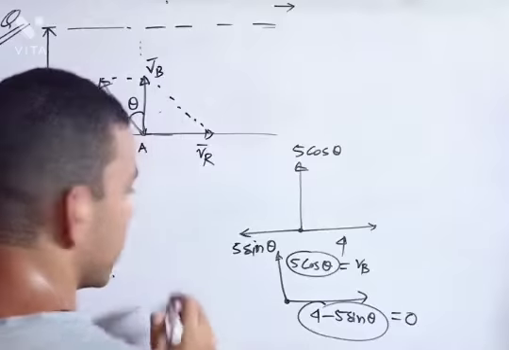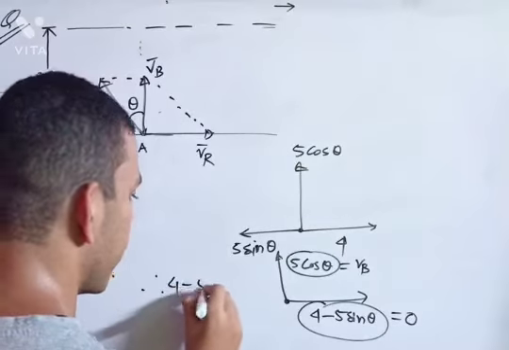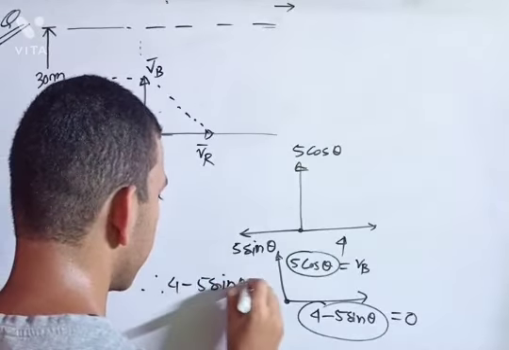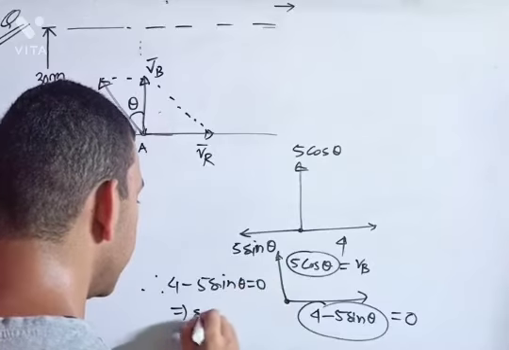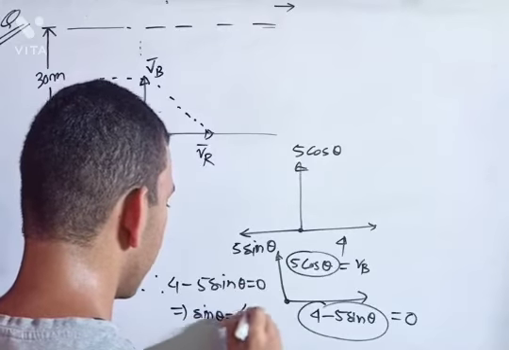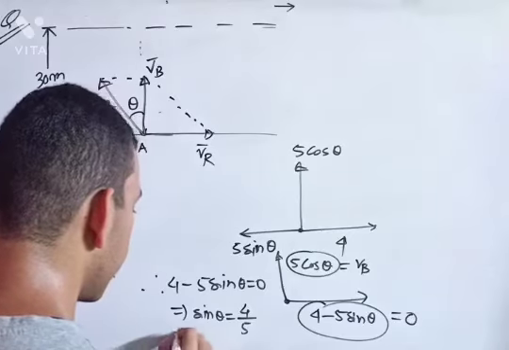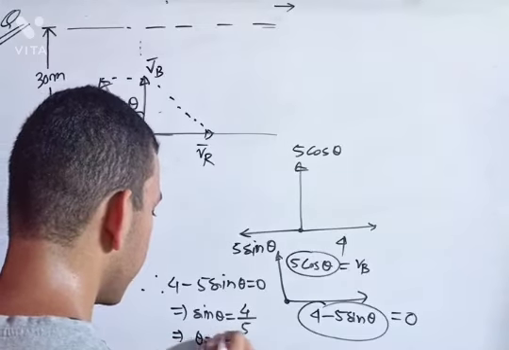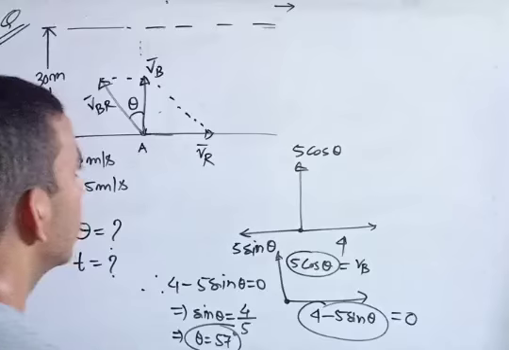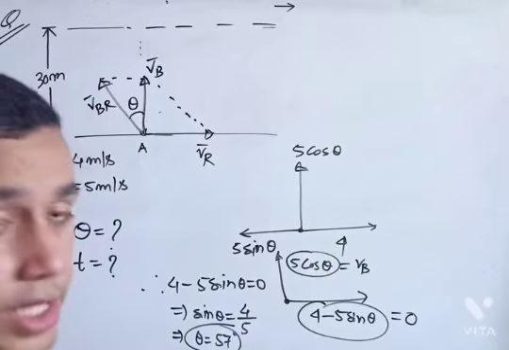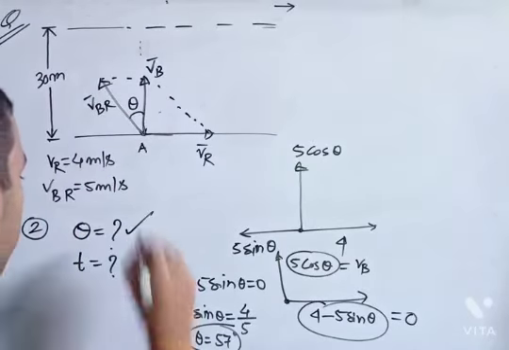So therefore we get 4 minus 5 sin theta is equal to 0, or sin theta is equal to 4 upon 5. So we will get theta as 57 degrees. So this part is solved.